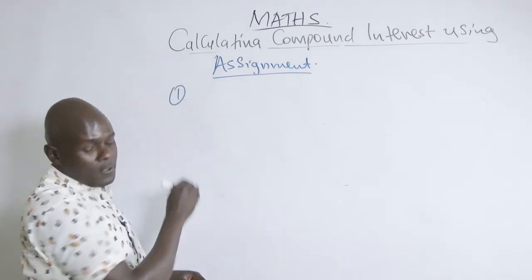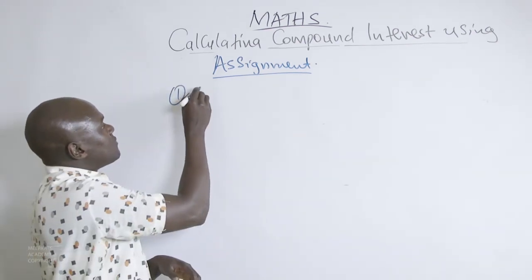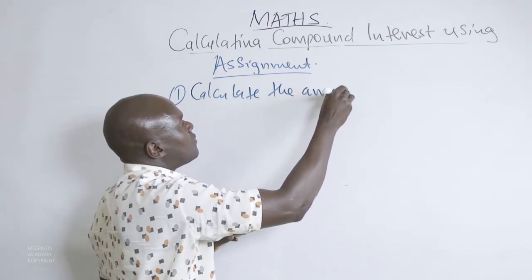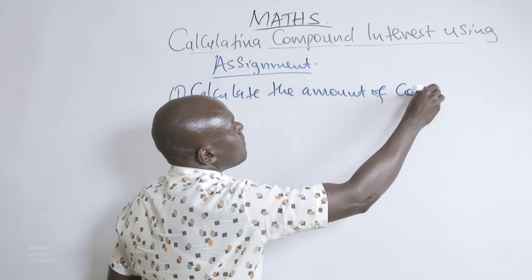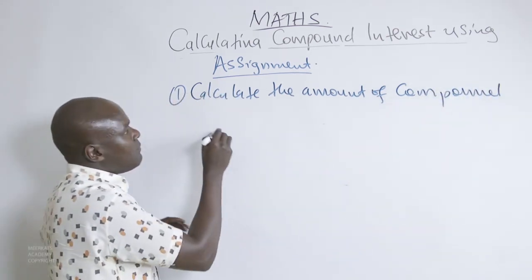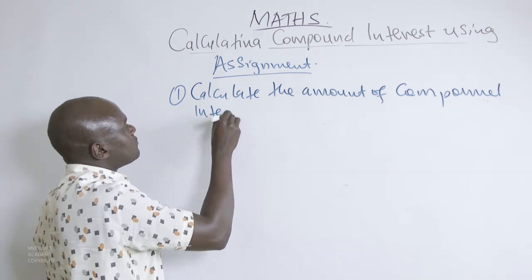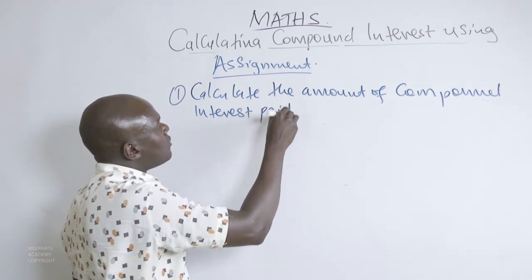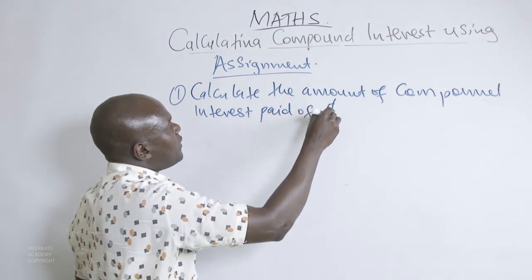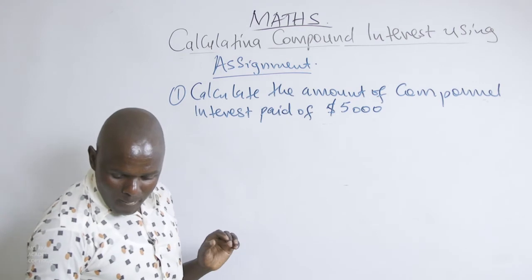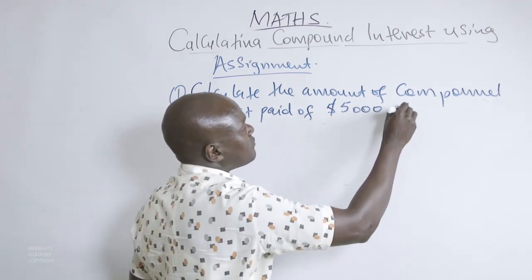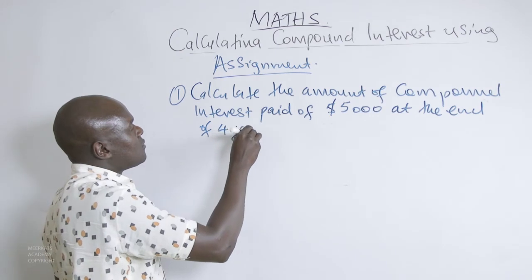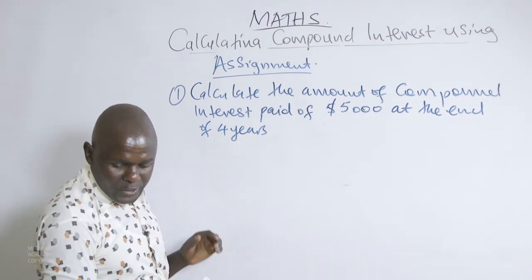Our first question is for us to calculate the amount of compound interest paid on $5,000 at the end of 4 years for each rate below.